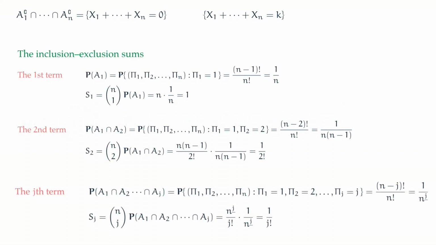We can't really have hoped for anything much cleaner than this, especially when we started out at the setting where there was a worry that the lack of independence in the events A1 through An was going to cause trouble. No matter. We've got a simple reciprocal factorial capturing these inclusion-exclusion sums.